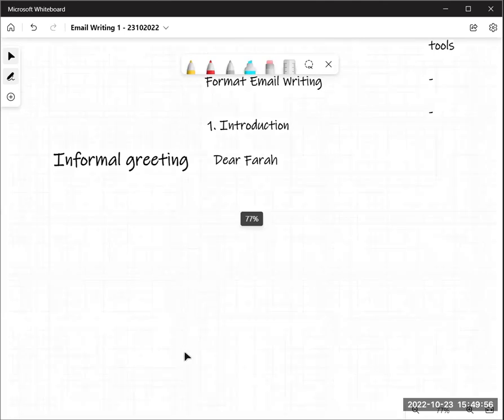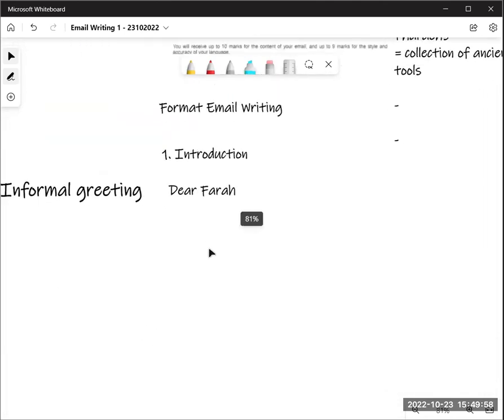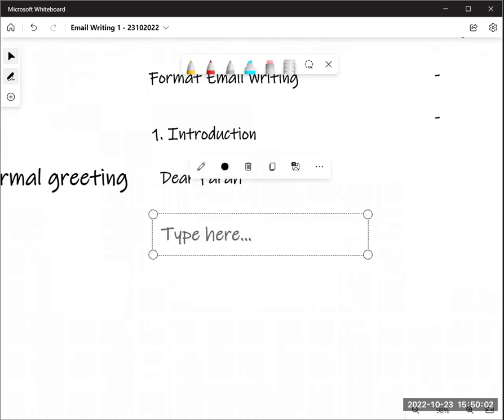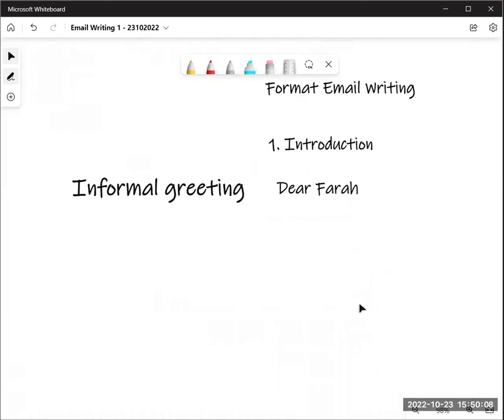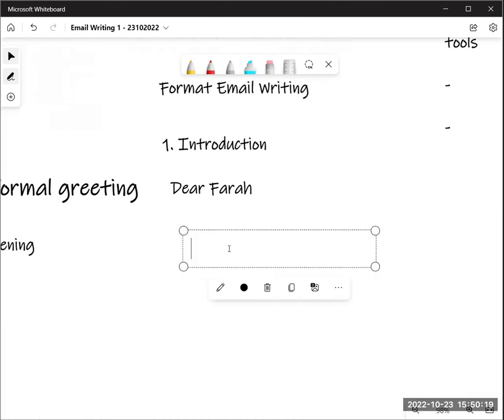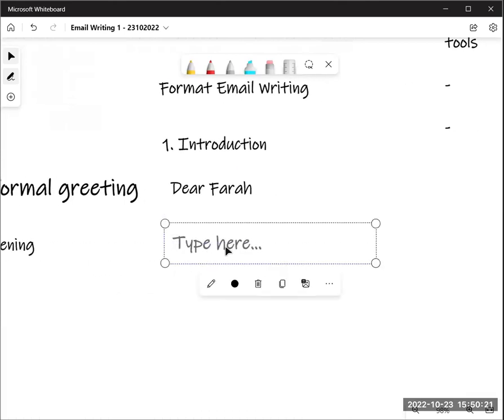Now, after this, our job is to look at the points. Before we even look at the points, we'll have a few lines of, let's say, hi and hello. We have to talk to them, ask them how they are. Okay. So after the informal greeting, we will have an opening. In the opening, we have to talk to the person and ask them or tell them about something.